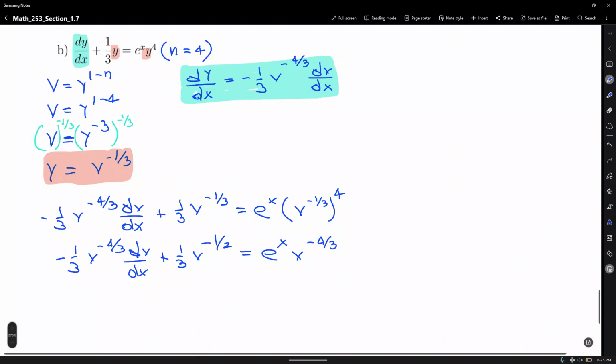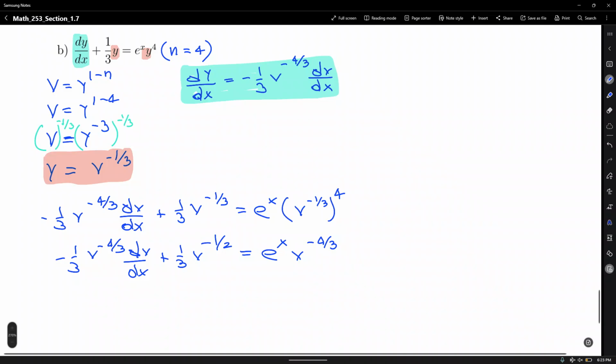Okay, so what's the goal here? Our goal is to make sure the dv/dx term has a coefficient of 1. So we have that negative 1/3 v to the negative 4/3. So we need to divide by that quantity, but that's going to look like a weird division.